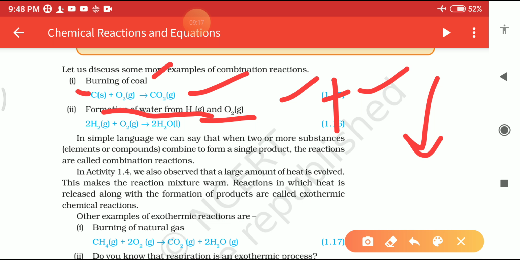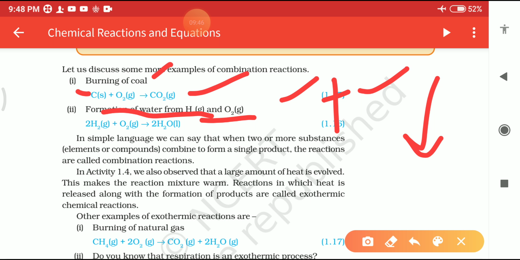Water. And water is what here? Liquid. Hydrogen is a gas, oxygen is also a gas. When these two gases combine together, they give rise to a liquid. See students, here the physical state totally changes. Hydrogen is gas, oxygen is gas, but water is liquid. So this is another example of a combination reaction.